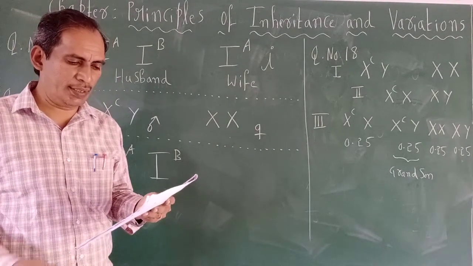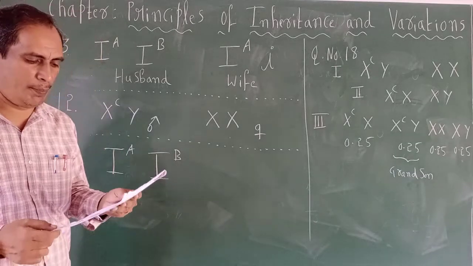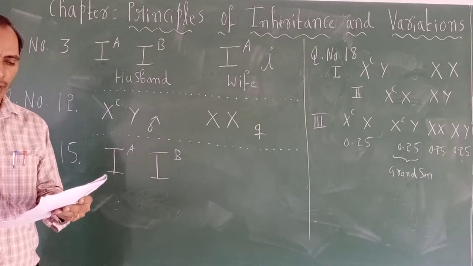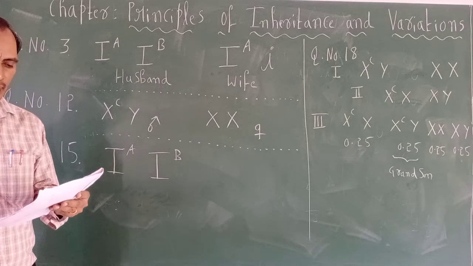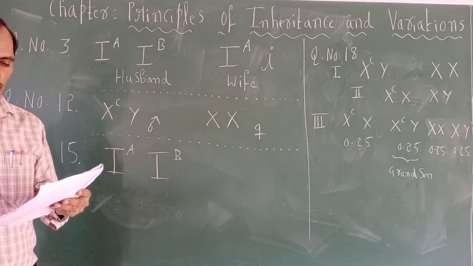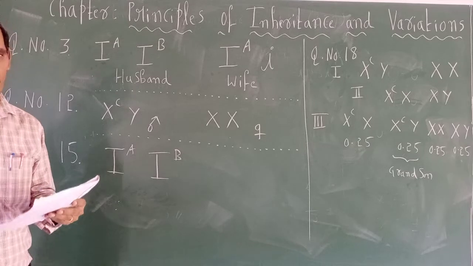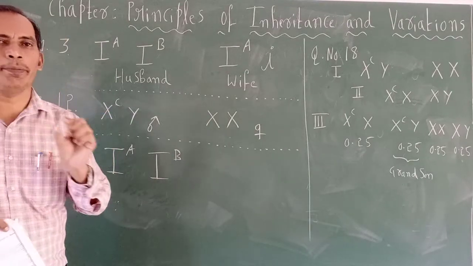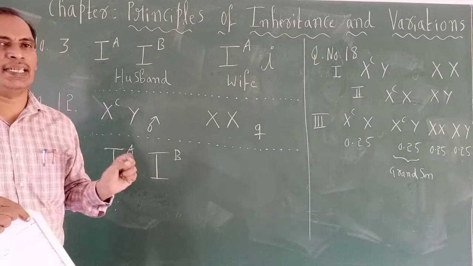Which one of the following conditions correctly describes the manner of determining the sex in the given example? So the correct option is A. XO type of sex chromosomes determine male sex in grasshopper. You recollect sex determination: XO type, XY type, ZW type.